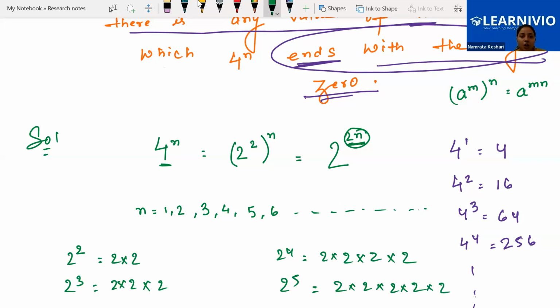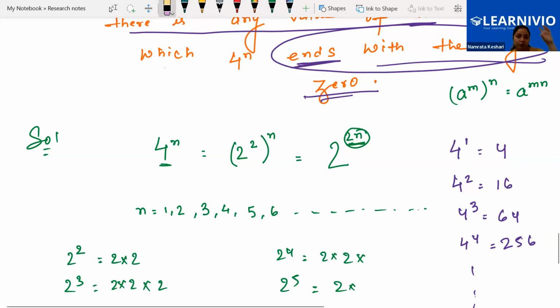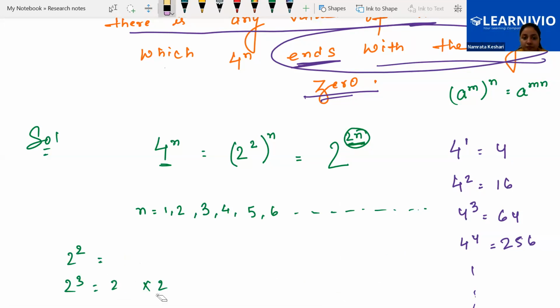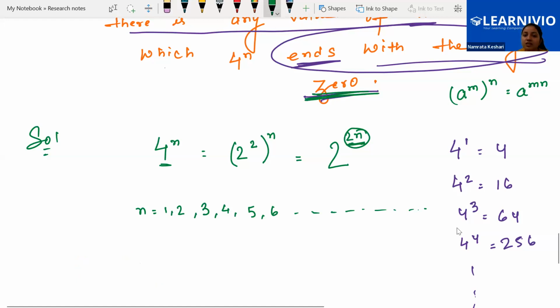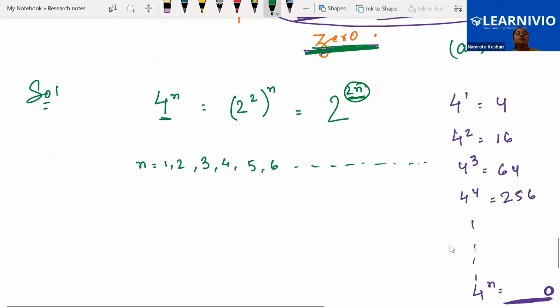Okay, this much we already understand, that if we have written 2 to the power 2n, then 2 will be there. Now when we generate 0, keep it in your mind that we generate 0 as the last digit only when, in the factorization of the number, we have 2 and also 5. Let's take few examples.